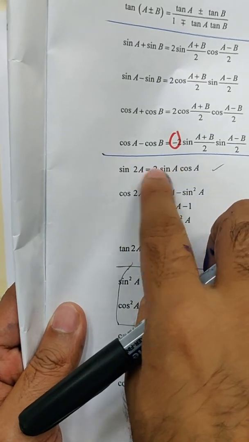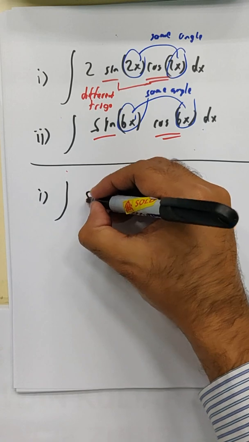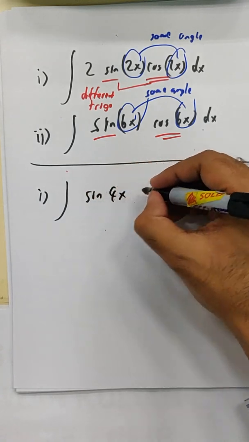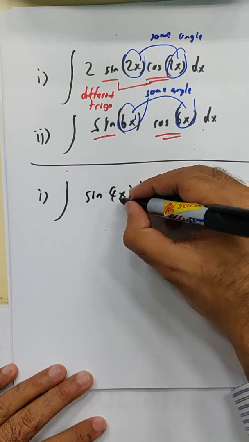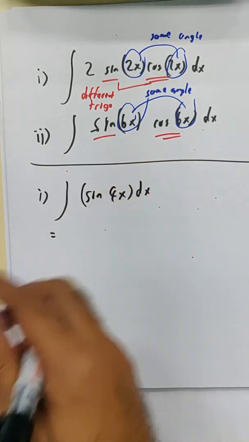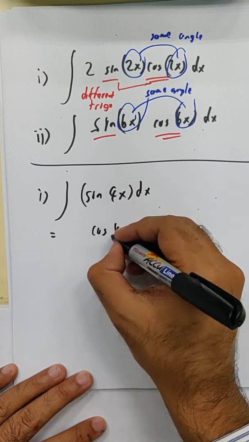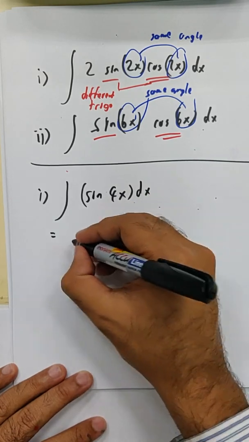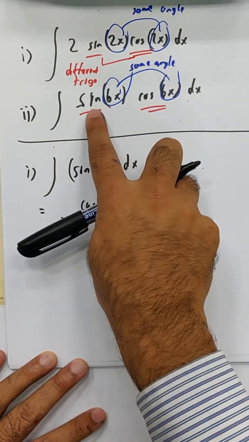So the angle you need to times 2. The angle here 2x becomes 4x. So integrate that, what do you get? Cos 4x over 4 negative plus c. Okay? What about this one here?